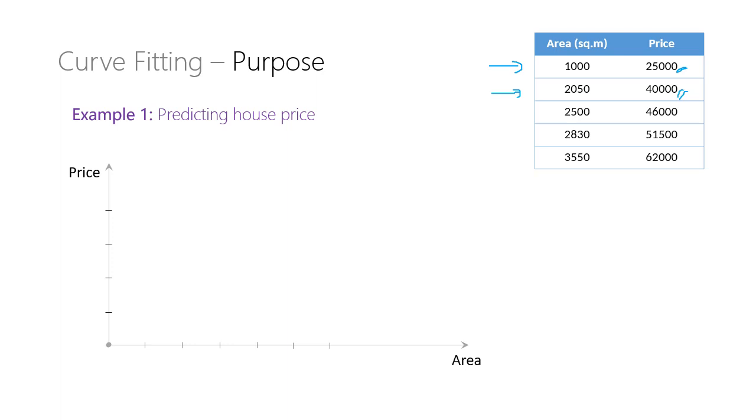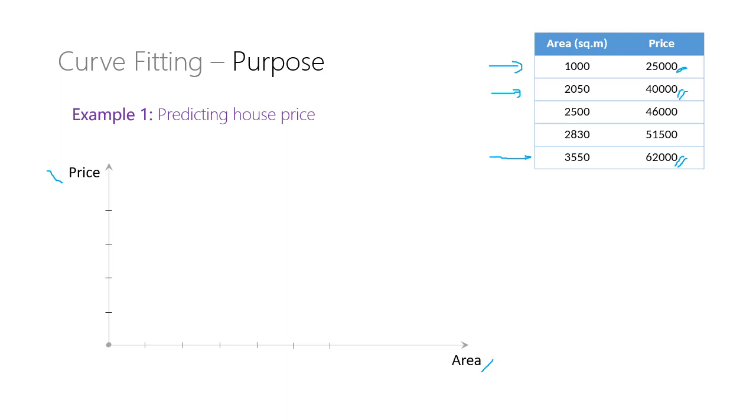And similarly, the house whose floor area was 3,550 was sold at a price of 62,000. And now your friend plots the data on the graph which is given here. The graph is between the price of the house and the floor area of the house. So let us plot the data.